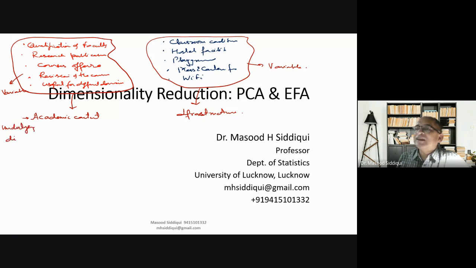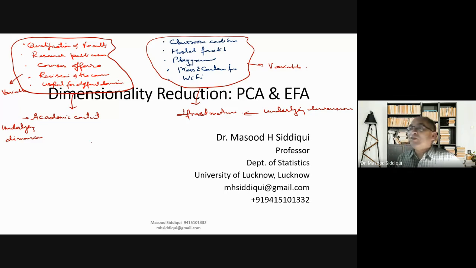So we can say that academic content is an underlying dimension beneath these five variables or features. In the same way, infrastructure can also be known as the underlying dimension that is beneath these variables.